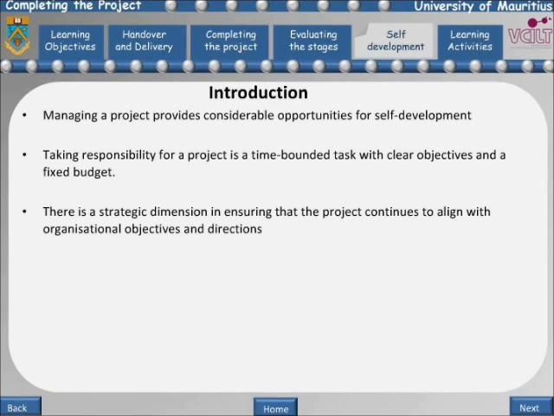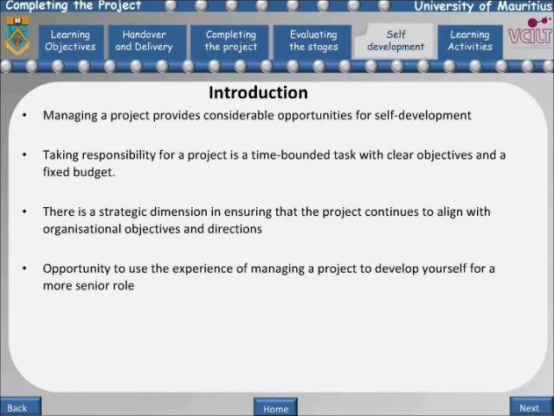There is usually a strategic dimension in ensuring that the project continues to align with organizational objectives and directions. Thus, the project manager's overview of the project is similar to the chief executive's view of the whole organization. There is an opportunity to use the experience of managing a project to develop yourself for a more senior role and to demonstrate, through successful outcomes and evaluation, that you are prepared for such a role.